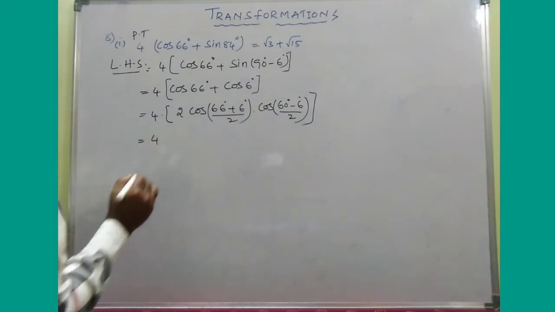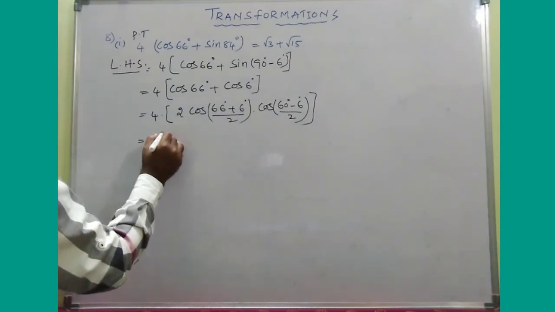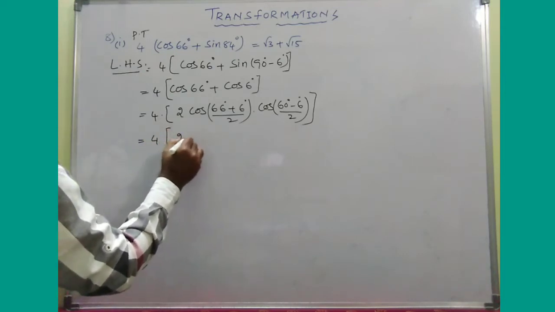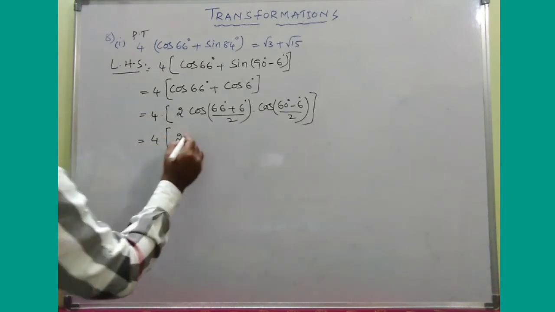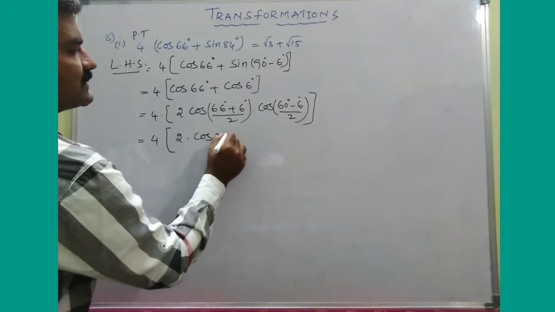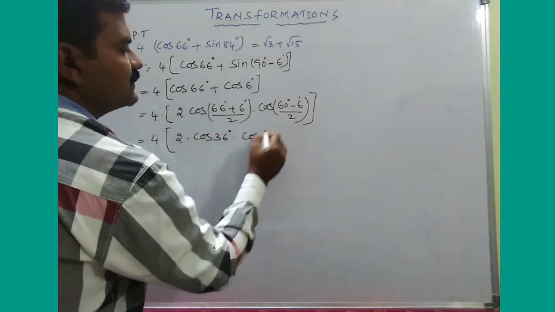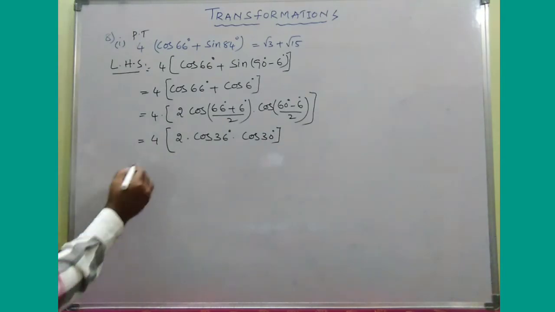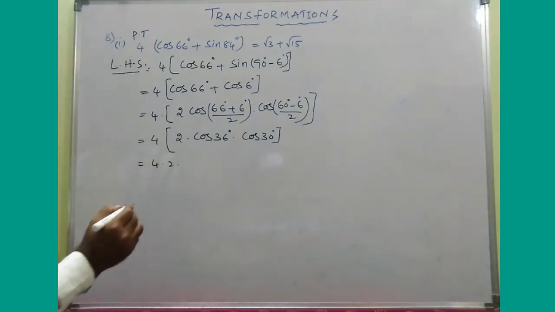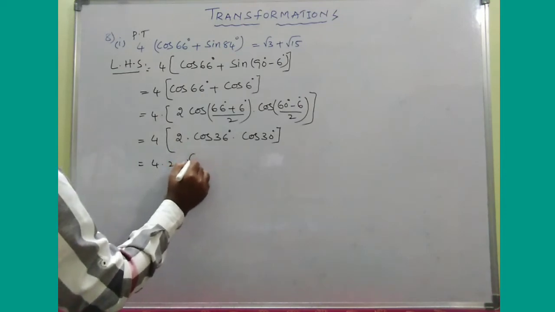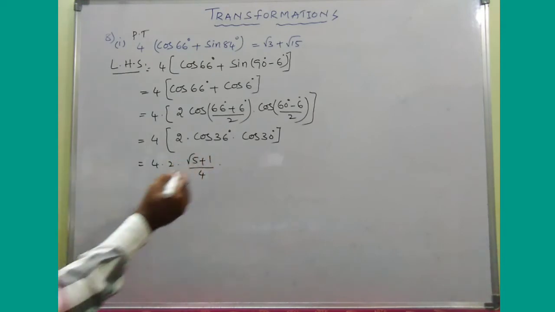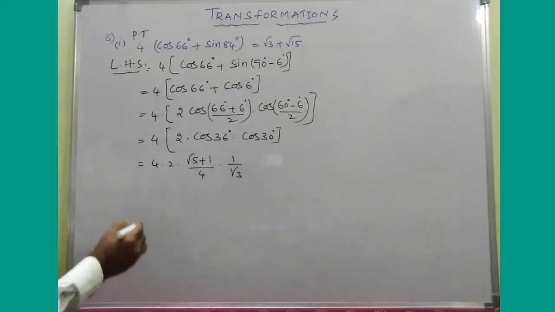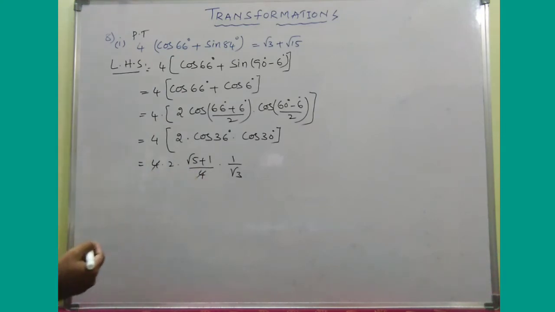Okay, so which is equal to 4 into 2 into, how much? 72 by 2, cos 36 degrees into cos 30 degrees. So 4 into 2 into the value of cos 36, just now we discussed, root 5 plus 1 by 4, into cos 30 value.